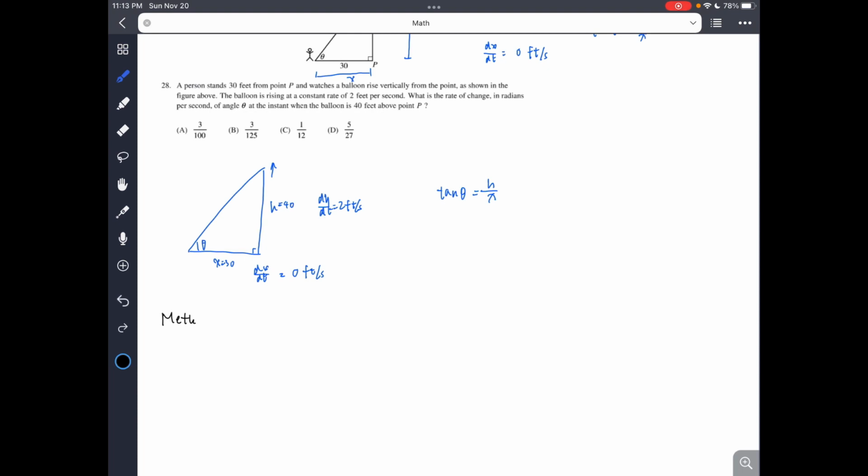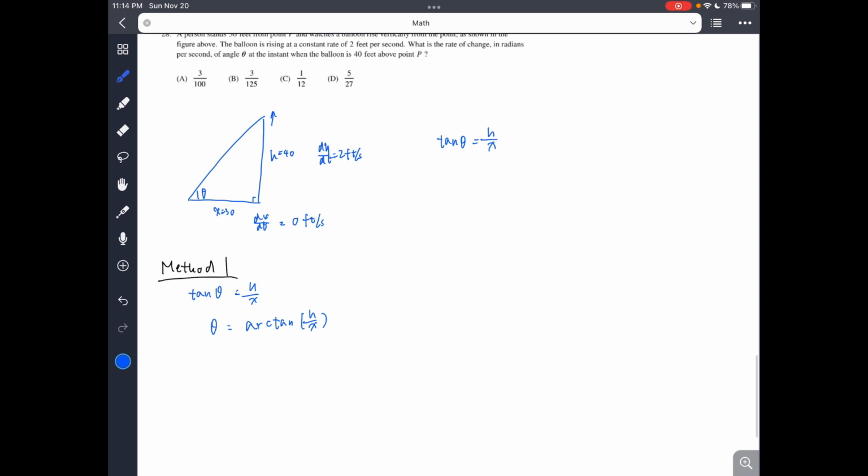Method 1. For the first method, let's write theta as its own function. So we can write theta is equal to arctan of h over x. If you recall your inverse derivative rules, the derivative of arctan of u is equal to 1 over 1 plus u squared times u prime.